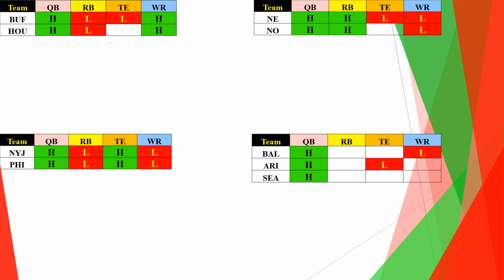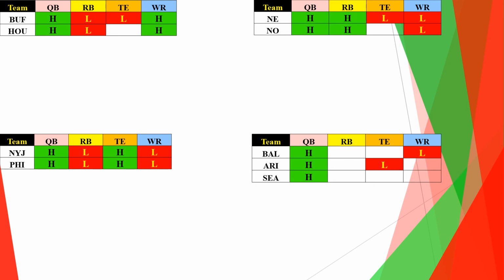Houston, high and high, low to average in the other two. Jets tight end, and Philly tight end all day long. New England, New Orleans, love their running backs. Baltimore, love their quarterbacks.